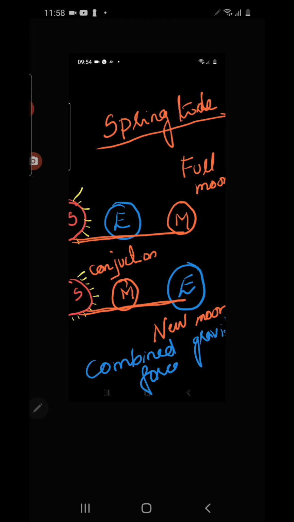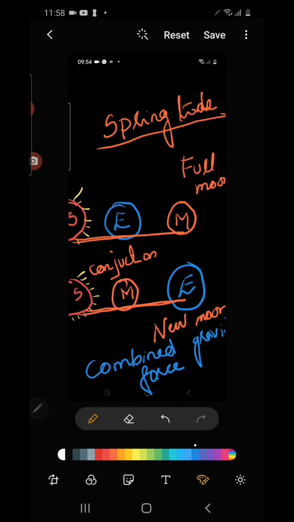How does this combined gravitational force arise? Because sun, moon and earth come to a straight line, sun and moon can exert a combined gravitational force on the ocean water. Understood? So what changes happen in the ocean water?